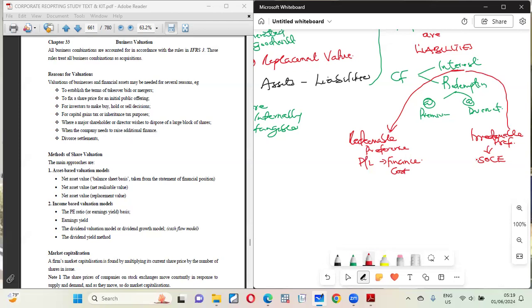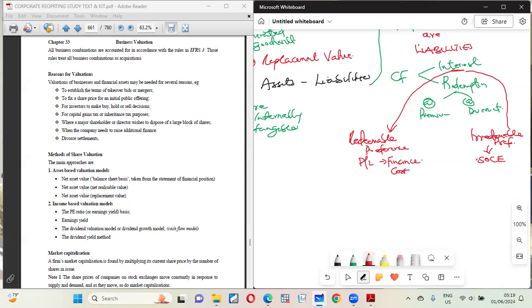So if you want the value of the company per share, you need to divide it by the total number of ordinary shares that are in issue. So the value of a company per share is the value of that company divided by its number of shares.